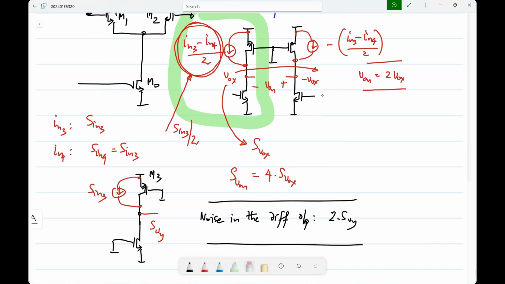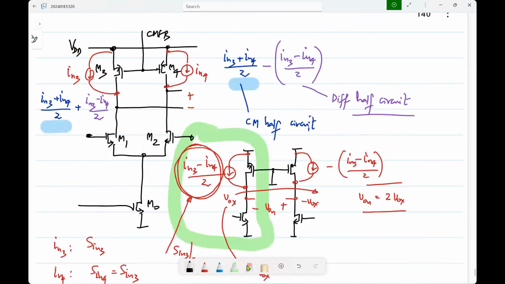Any questions here? Common mode? Yeah. So again, there can be common mode noise. That is, the two sides can be wiggling in exactly the same way.